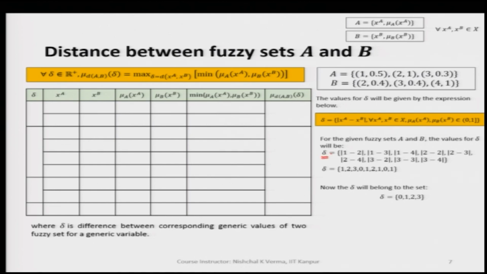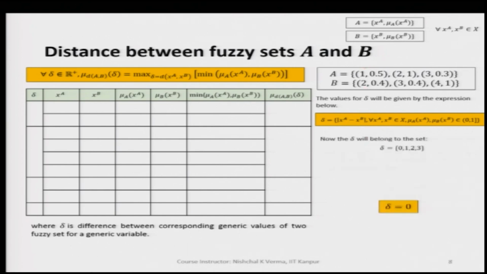So, we see here that we have the first generic variable 1 from fuzzy set A, and then from the second fuzzy set B we have the generic variable value 2.